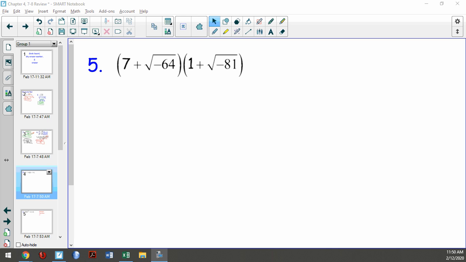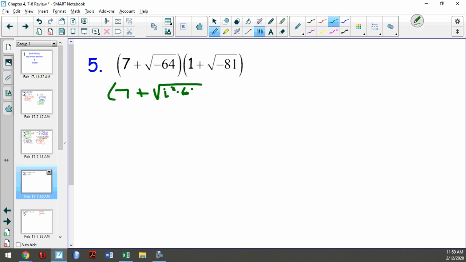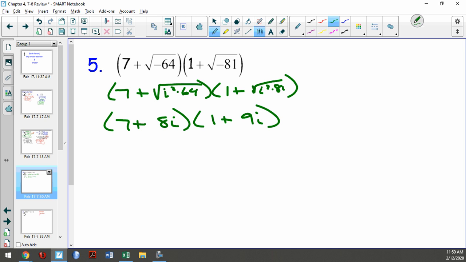Okay, the very first thing you have to do is simplify this. This is 7 plus the square root of i squared times 64, times 1 plus the square root of i squared times 81. Listen up, please. This comes out as an 8i. This comes out as a 9i. Do we all see that, yes or no?